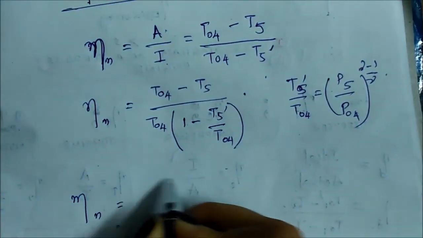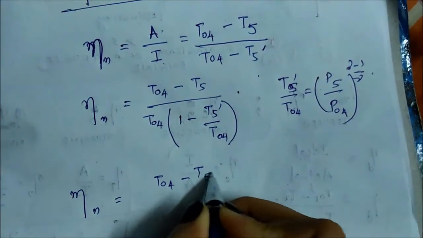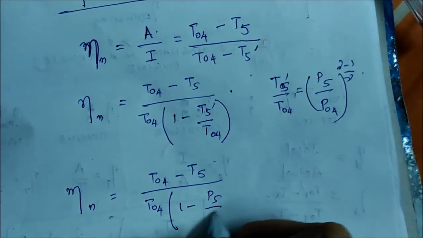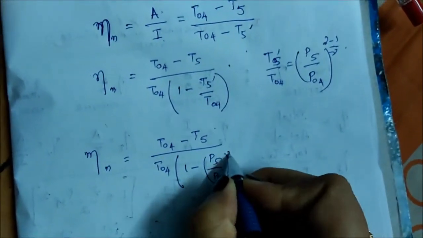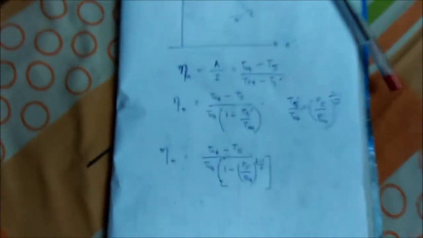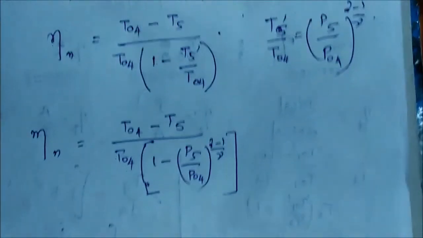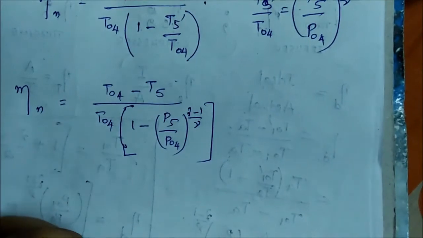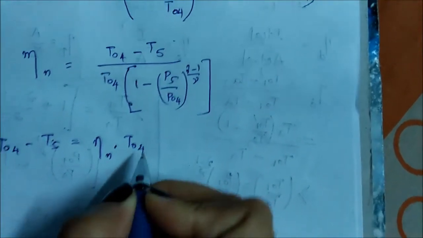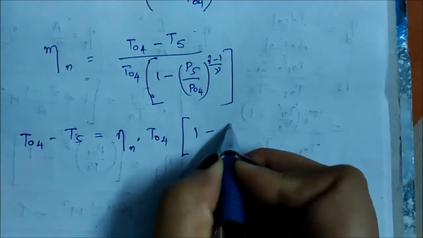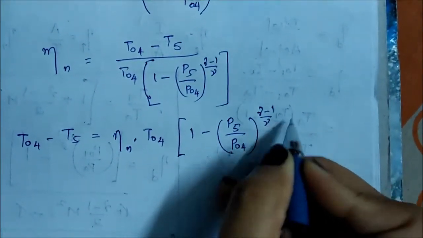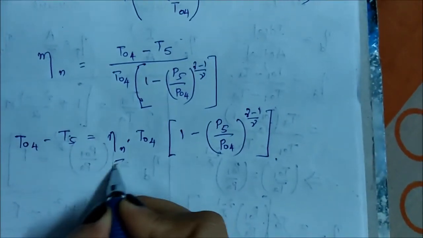Eta n into T04 into 1 minus P5 by P04 to the power gamma minus 1 by gamma, close the bracket. Okay, now using this relation, T04 minus T5 equals eta n into T04 into 1 minus P5 by P04 to the power gamma minus 1 by gamma. This is the expression for the nozzle.